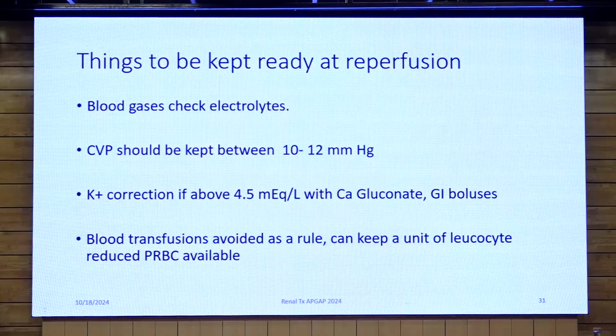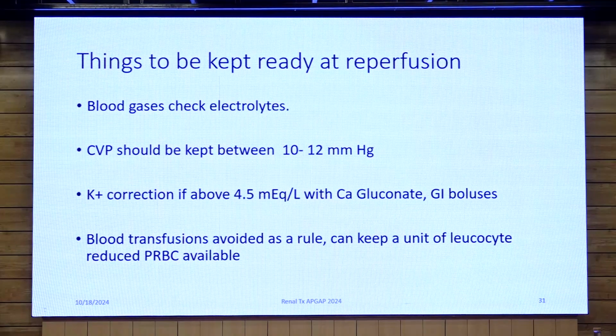So what should the anesthetist do at the time of reperfusion? Key things they say is keep the CVP at least 10 or 12 millimeters of mercury at the time of reperfusion. Now when I do a transplant, normally I may give anywhere between 3 to 4 pints of fluid to keep the CVP this way. The choice of either Ringer's lactate or half NS is based entirely upon the potassium.